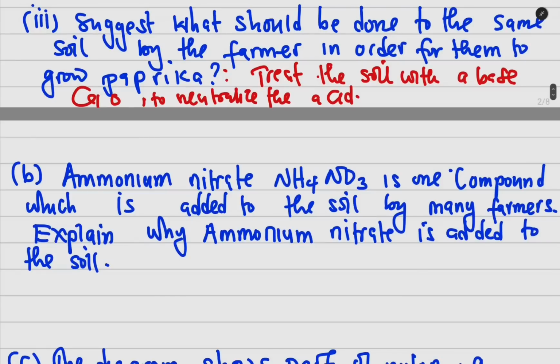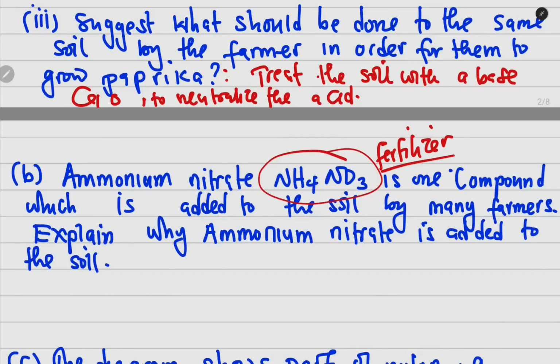Then of course the big question: ammonium nitrate, which is this one, as you can see, is one compound which is added to the soil by many farmers. Explain why ammonium nitrate is added to the soil. Now before we even answer the question, you know that ammonium nitrate is a fertilizer.